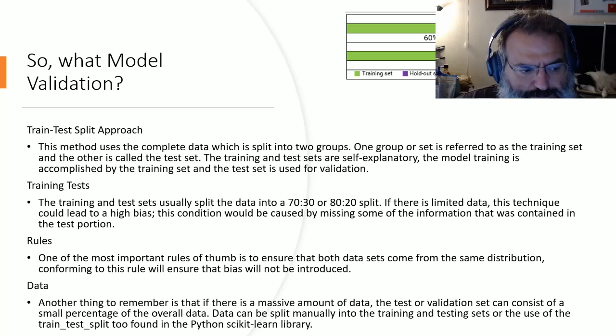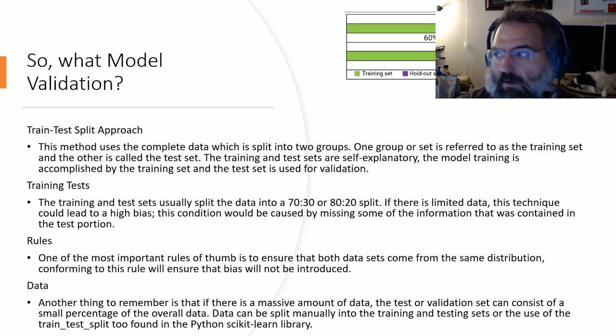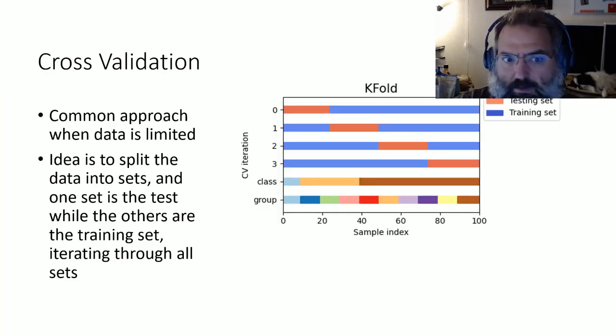There are a few rules of thumb, but the general approach that you've been using is the train test split function in the scikit-learn library, and it is a good and common way of doing this.